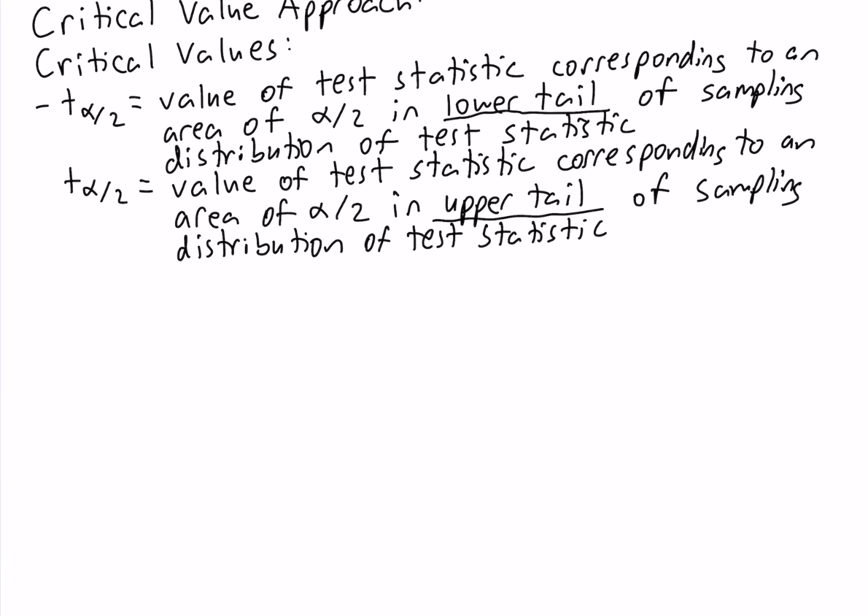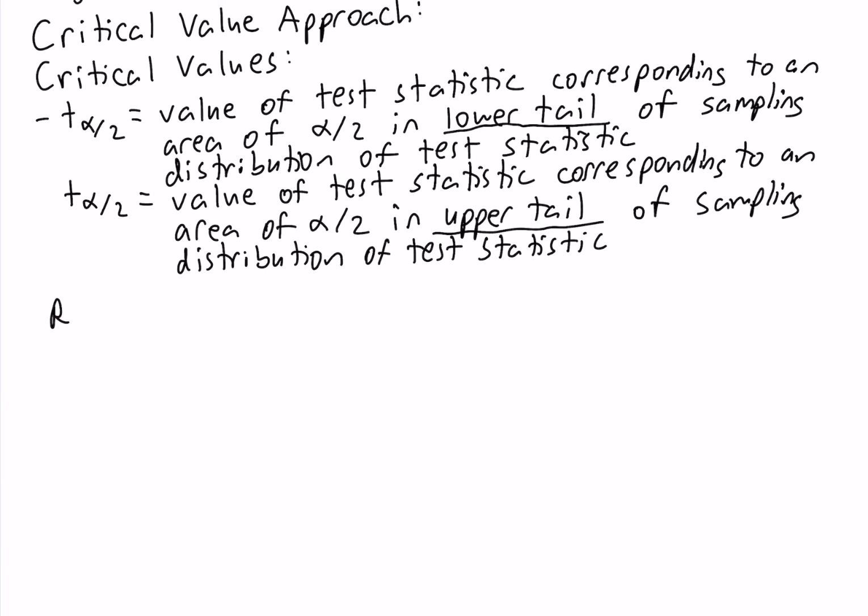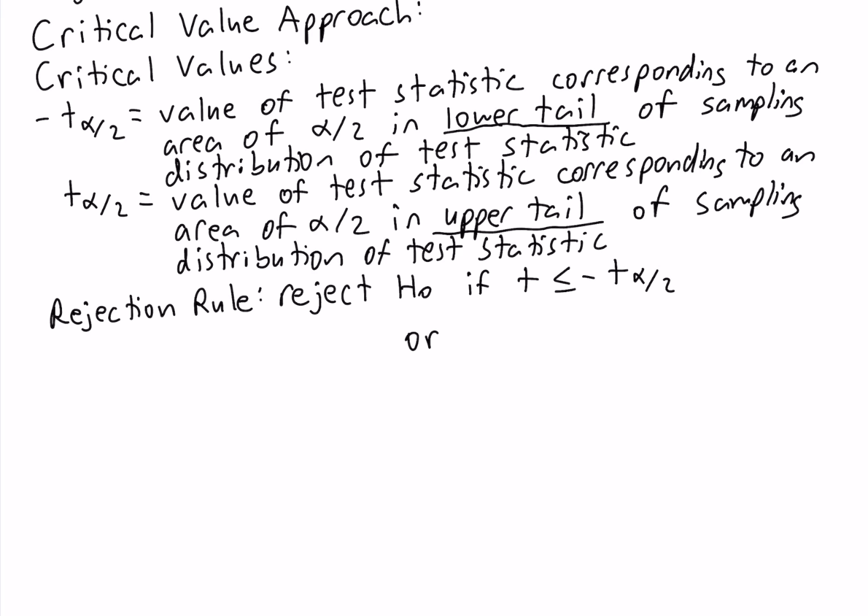Now, our rejection rule for the critical value approach is to reject the null if our test statistic t is less than or equal to negative t alpha half, or if our test statistic t is greater than or equal to positive t alpha half.